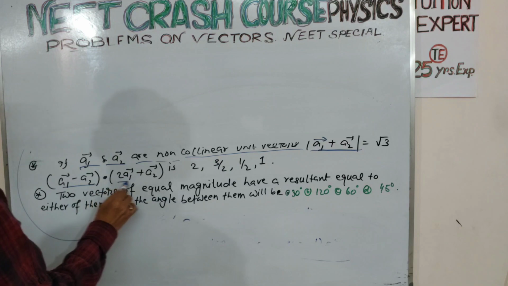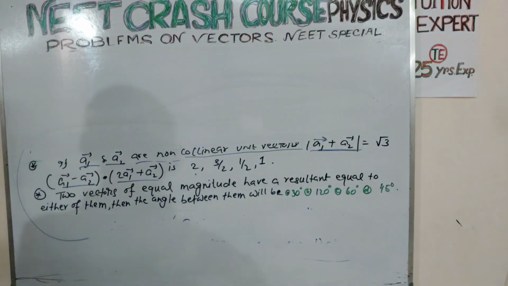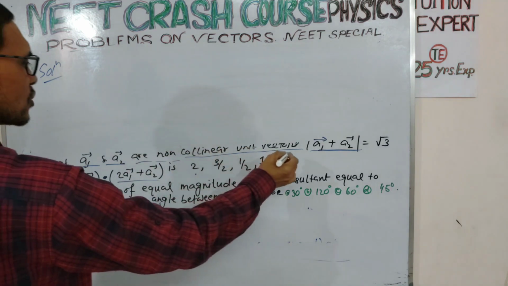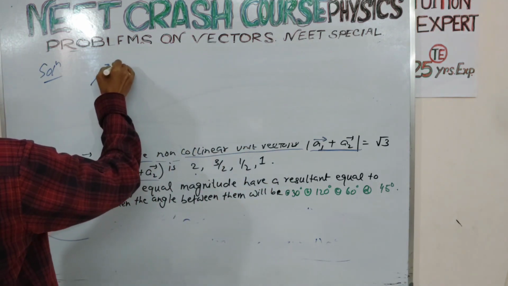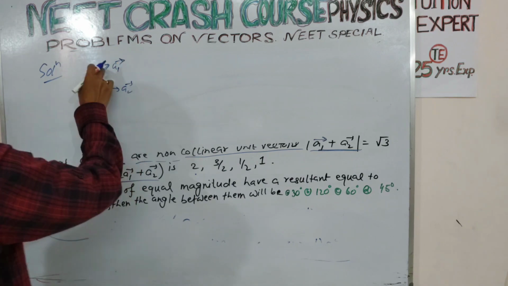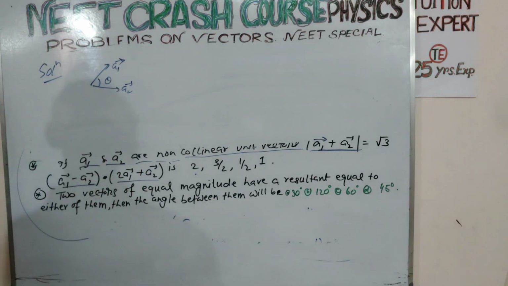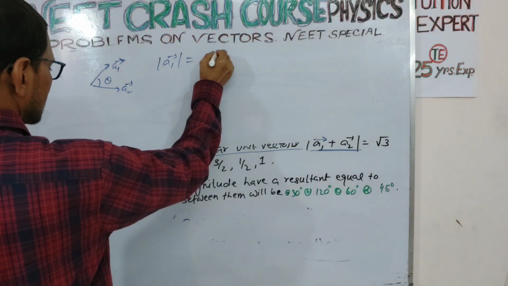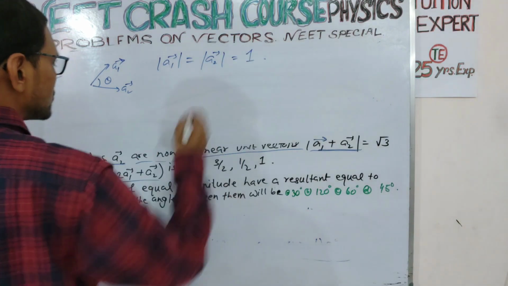Which option is correct? The solution: a1 and a2 are two non-collinear unit vectors. Suppose this is a1 and a2, and the angle between them is theta. They are unit vectors, so the magnitude of each equals 1.